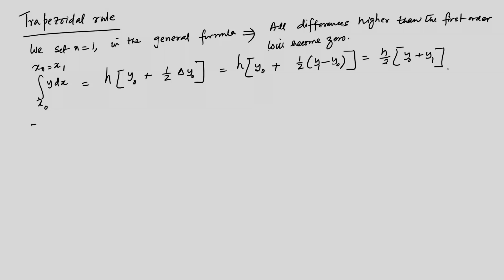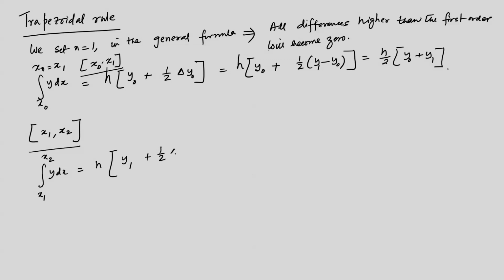For the next interval, between x 1 and x 2, the integral of y dx is equal to h times y 1 plus a half delta y 1, which is h times y 1 plus a half of y 2 minus y 1.